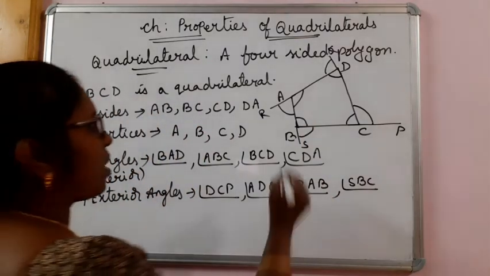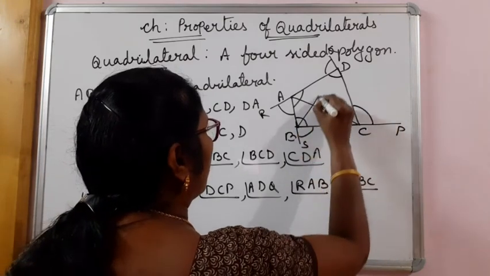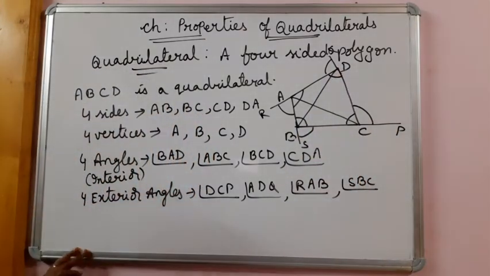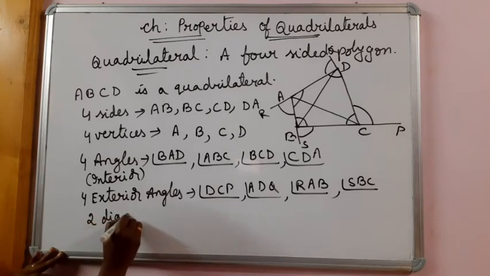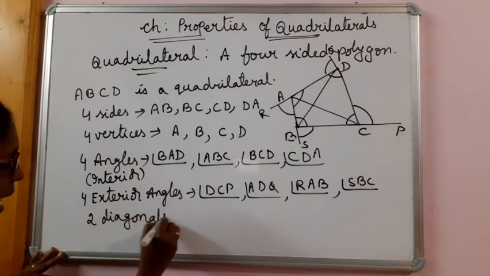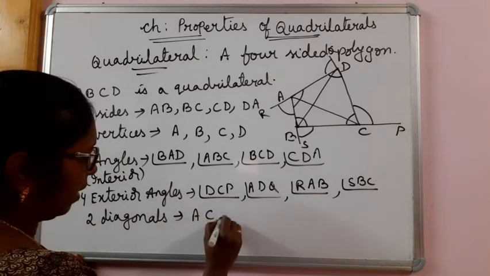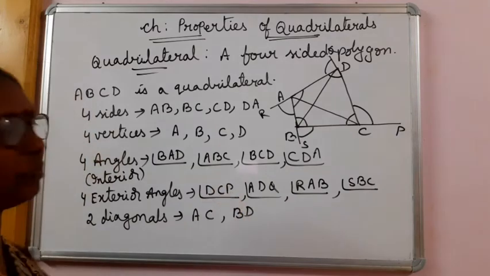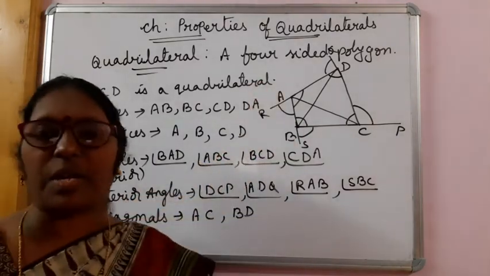And a quadrilateral has got two diagonals. When we join the opposite vertices, we get the diagonals of the polygon, and the two diagonals of this quadrilateral are AC and BD. I hope this is clear to you. These are the parts of the quadrilateral.